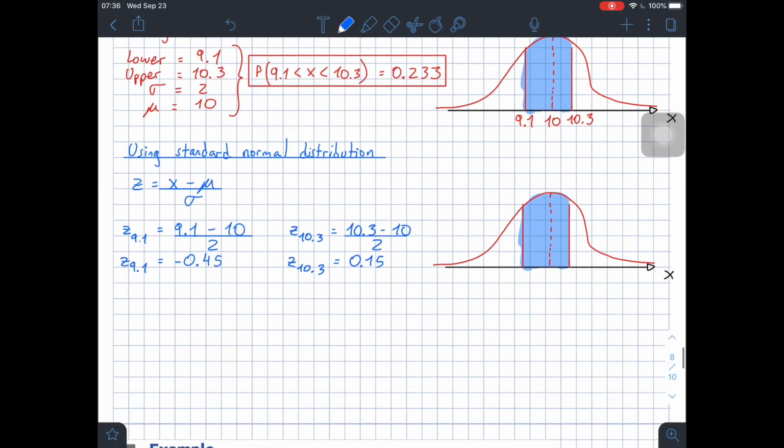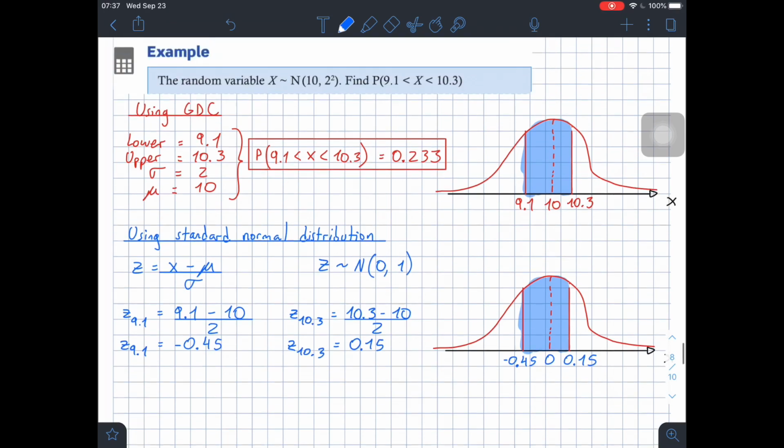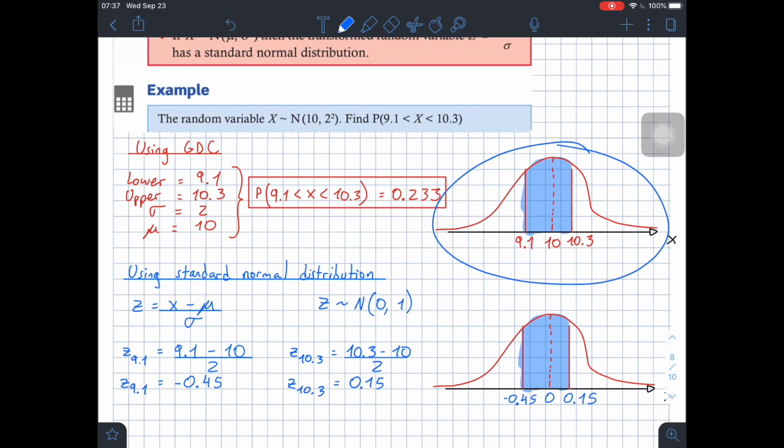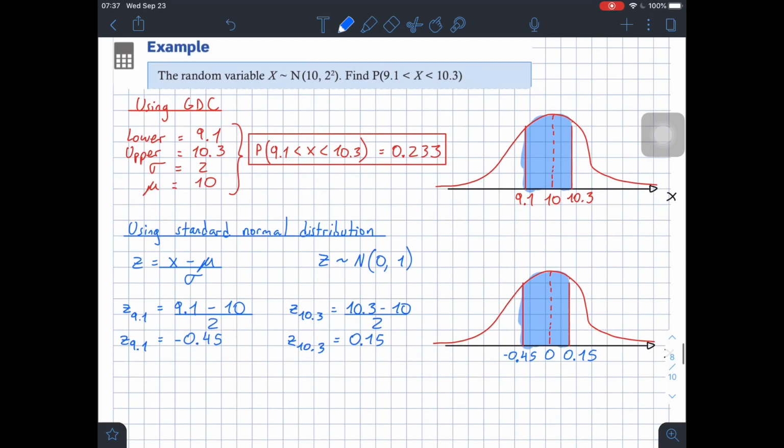But now our new mean, the standard normal distribution has always a mean of 0 and a standard deviation of 1, okay? So that means that this value in the middle is 0. This value to the left is negative 0.45. You see, that's why we get a negative value there. And the value to the right would be 0.15. So this standard normal distribution is the equivalent of this normal distribution for this particular problem, okay?